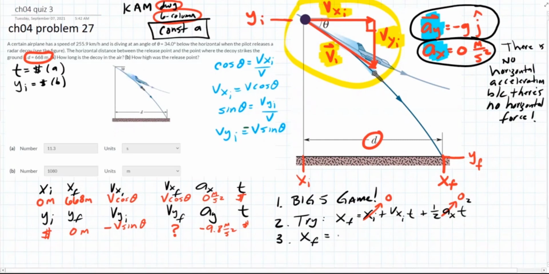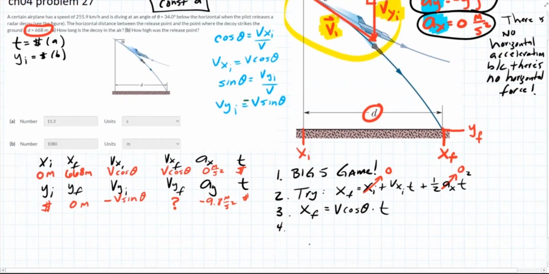X final equals Vx initial, which was V cosine of theta, times time. And I'm good to go because now if I'm trying to solve for the flight time, I can see that flight time equals XF, which I know, all over V cosine theta.